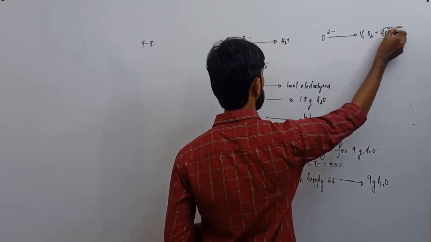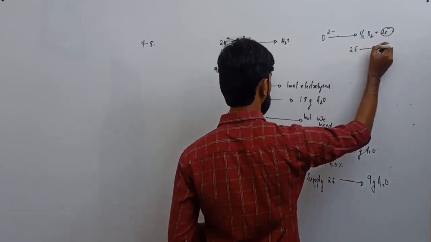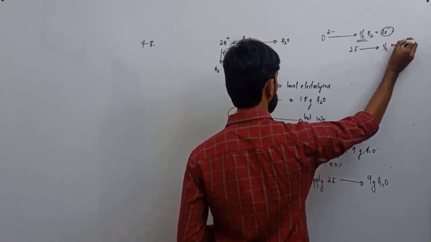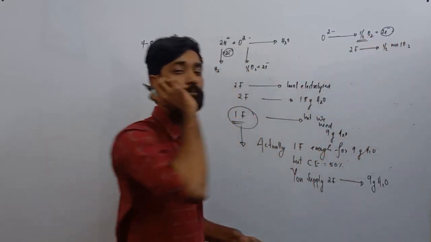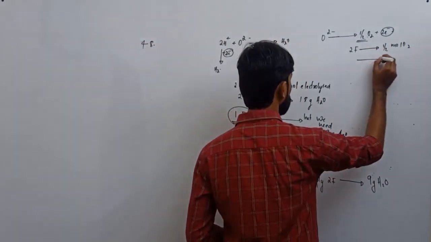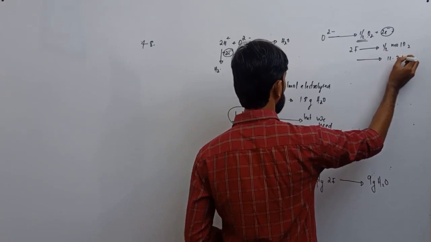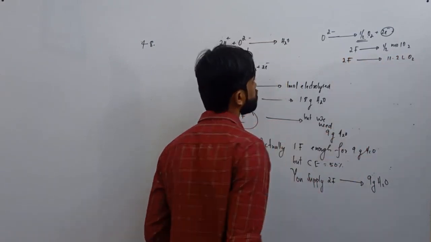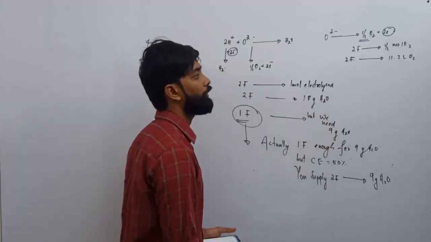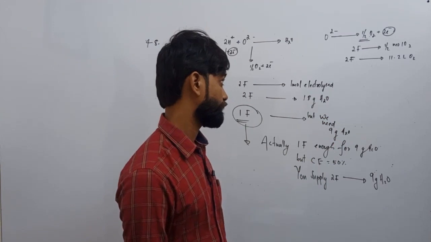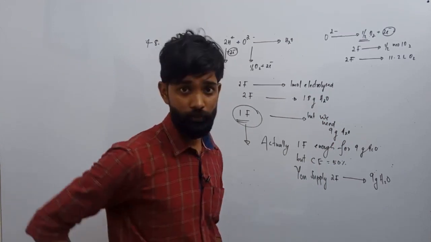If 2 farad is supplied, half mole O2 is liberated. Half mole O2 liberated means 11.2 liter oxygen liberated at STP, right? That is the normal case.